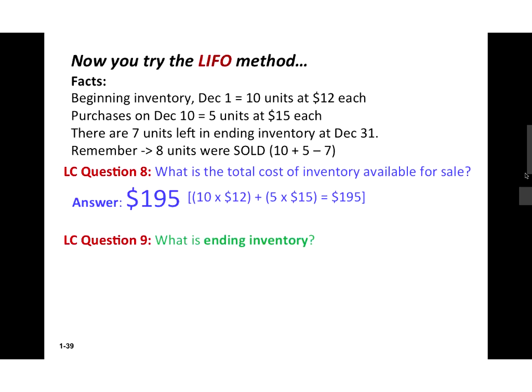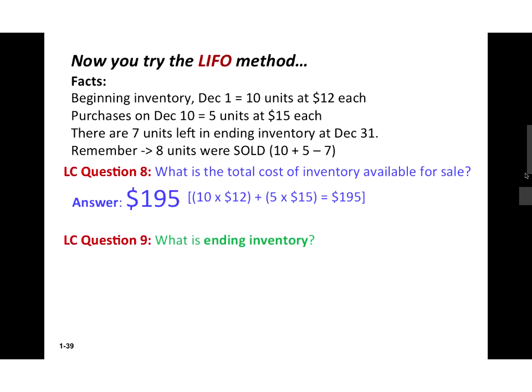Under LIFO, when we're doing ending inventory, the first thing to do is say, how many units of ending inventory do I have? I have 7 units. So 7 is part of the calculation, and you're going to multiply it by something.